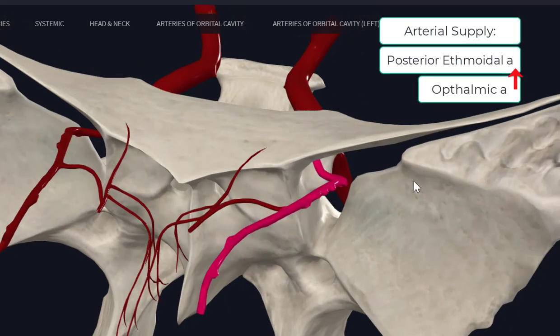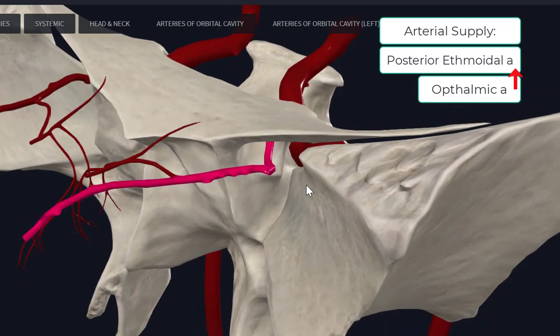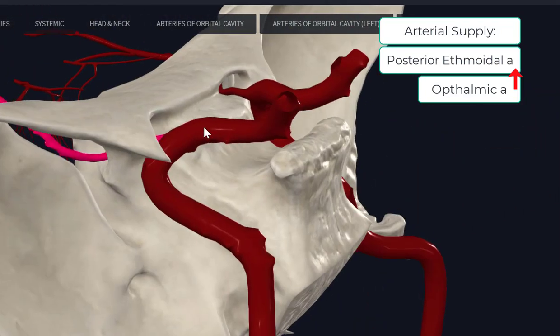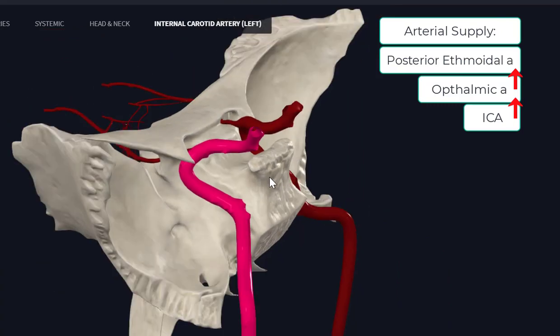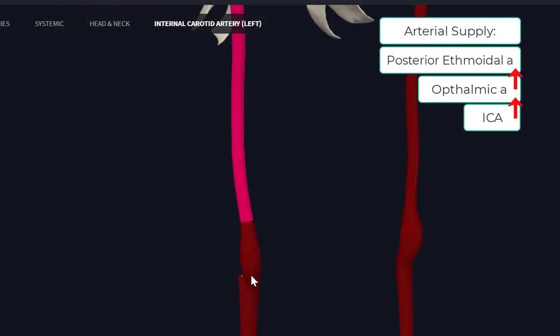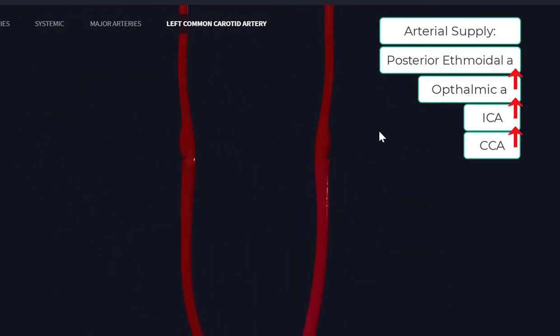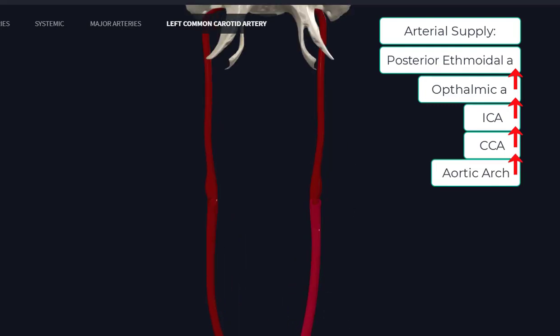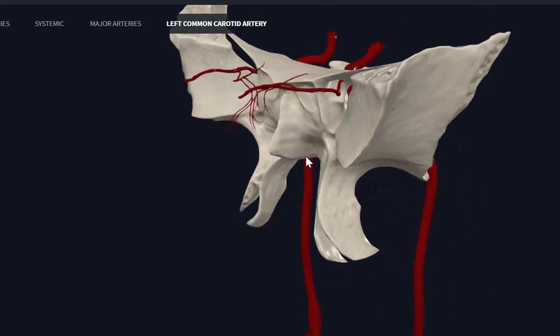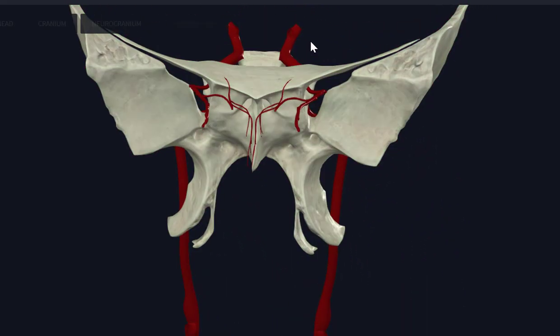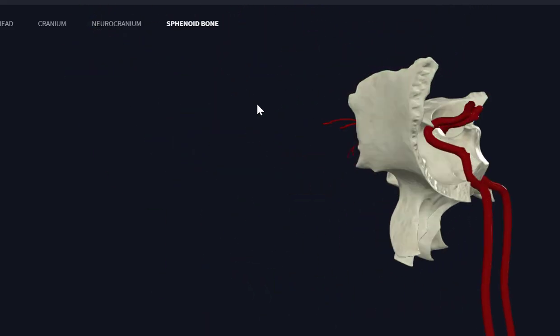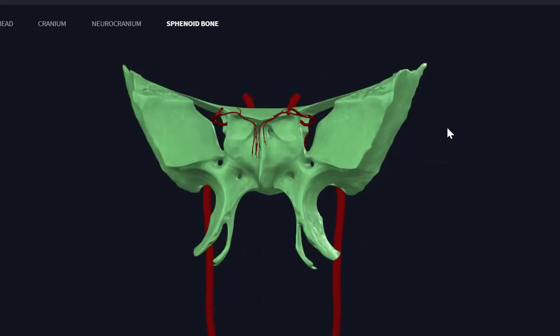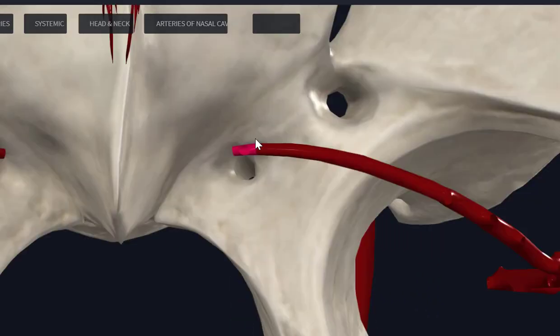This is the ophthalmic artery, and we know this artery from the previous video, which originates from the internal carotid artery, which is the branch of the left common carotid artery in this case, or we can also have the right common and the brachiocephalic trunk, and this is just directly coming from the aortic arch. So here you have, as I said, the sphenoid bone receives the blood supply, oxygenated blood, from both external and internal carotid arteries.